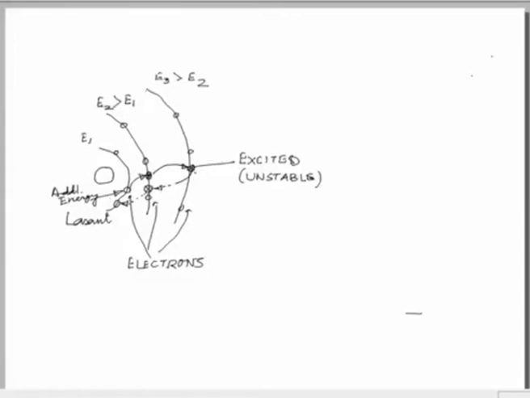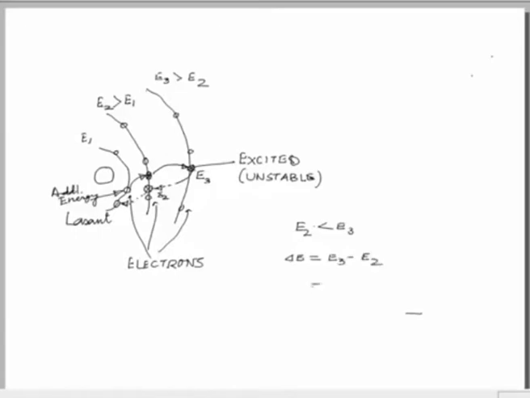While doing so, say they were at this E3 level. While coming back to E2 level, where E2 is less than E3, the difference in energy, delta E, is nothing but E3 minus E2.